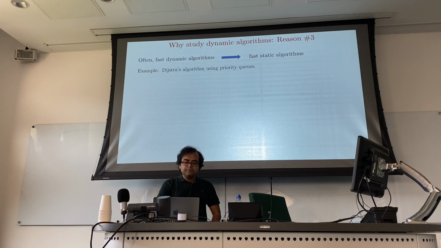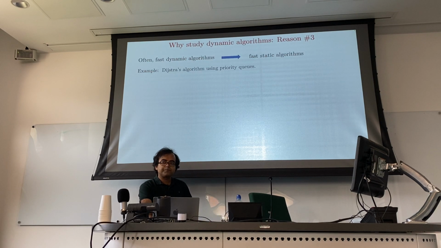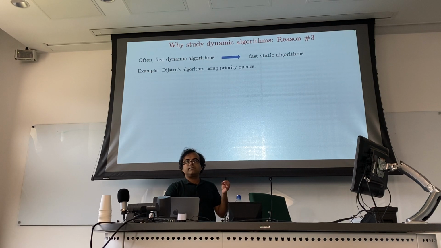The third reason to care about dynamic algorithms is that often fast dynamic algorithms lead to fast static algorithms. A very basic example here is Dijkstra's algorithm, which uses priority queues as a data structure. If you think about it for a bit, priority queues are nothing but a dynamic data structure. You need a fast dynamic data structure to run Dijkstra's algorithm efficiently.